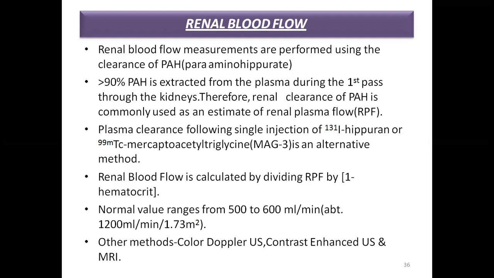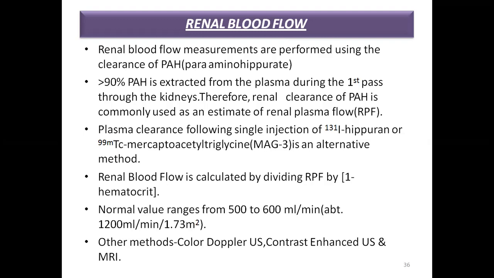So it's quite understandable. Suppose this particular substance is not cleared to 90%, or suppose only 70% is cleared from the kidney. That gives you an estimate that there is a fall in the amount of blood flowing in the kidney.